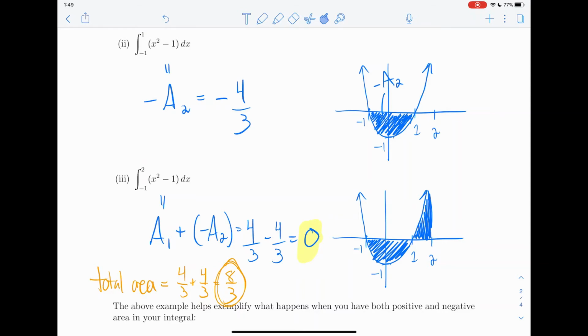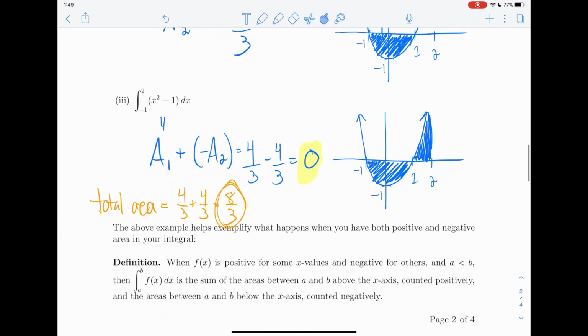In order to codify what we're trying to say here, we can say the following. When the function f is positive for some x values, but negative for others, then between a and b, the integral from a to b of f is the sum of the areas between a and b above the x-axis, where, importantly, we count that positively, because we're above the x-axis, as well as the areas below the x-axis, but we count them negatively.